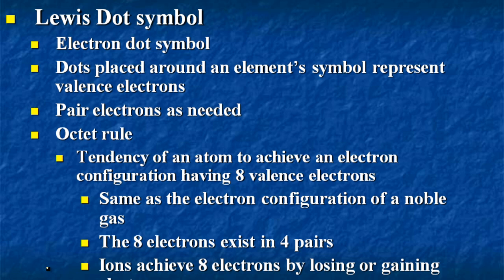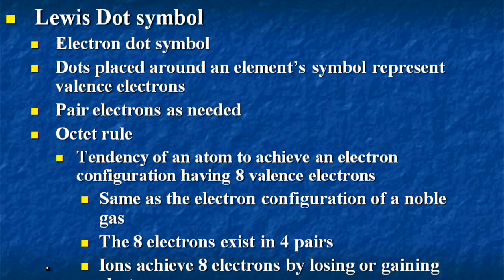Those electrons are kept always as pairs, and the octet rule, which is the tendency of an element to have 8 electrons around it, which is the same electronic configuration as a noble gas, and those 8 electrons exist as 4 pairs, either as dots only or shared pairs. It doesn't matter, they just need to have 8.